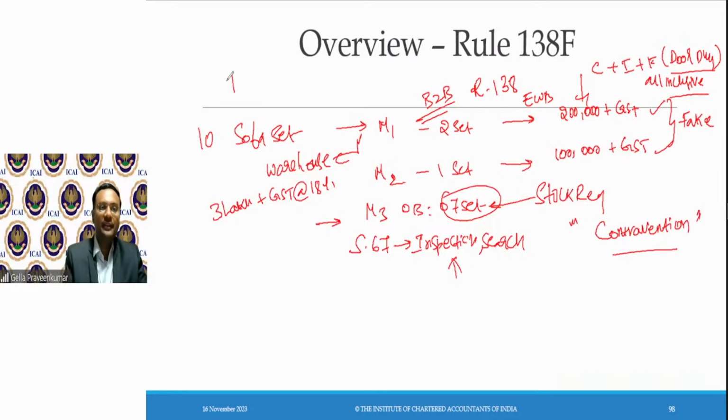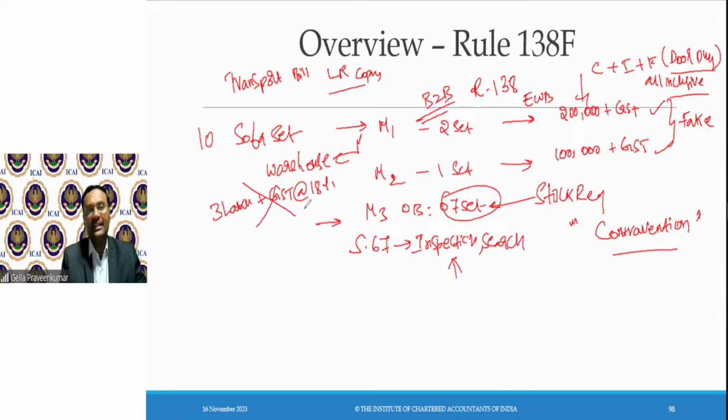Then you will give your transport bill, where your LR copy and bank payment made to the transporter prove that this is a genuine transaction. Why? To avoid penalty again, which is GST 18% on 3 lakh.